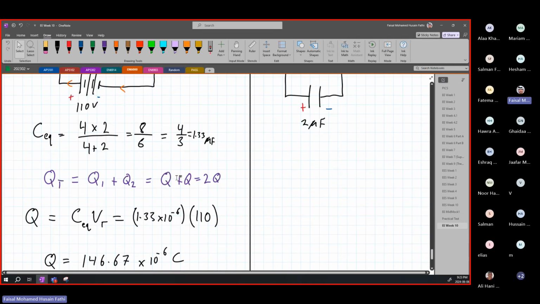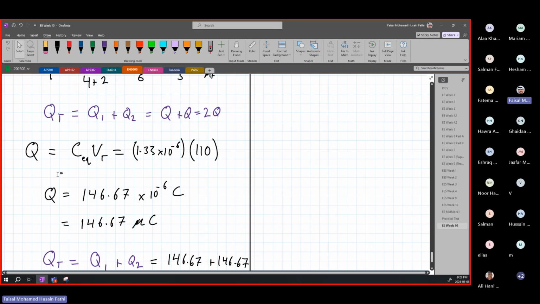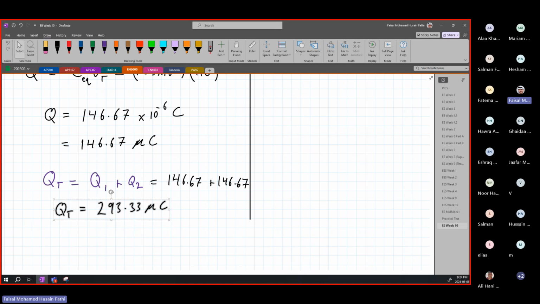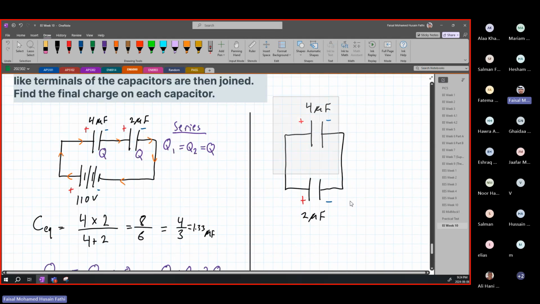However, when you want to find total charge, you are going to first find the charge for one capacitor, which is using C equivalent times the total voltage. And then if you want to find your total charge, you're going to add your two charges together to get your total charge. So why are we finding the total charge in this case? Because we are going to be using it when we want to apply it over here in this rule.